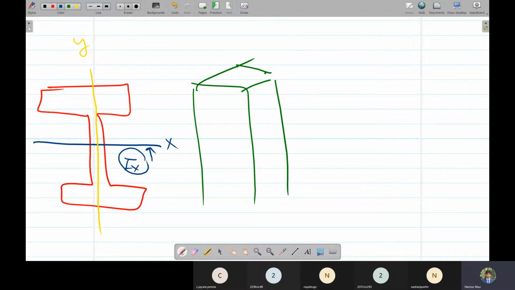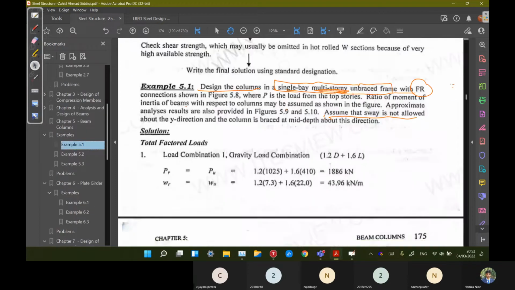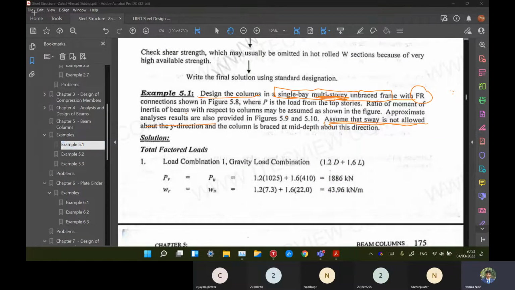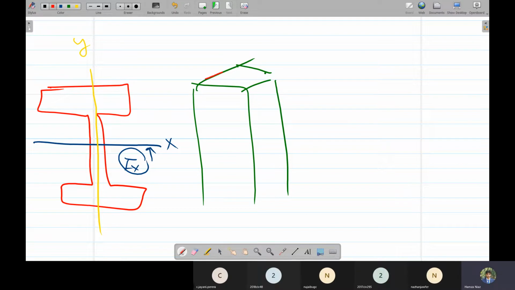So they are saying that assume that sway is not allowed about y direction. So for example, if our column is placed like this, this is our column. So what would be our x direction, which is parallel to the flange of the section.